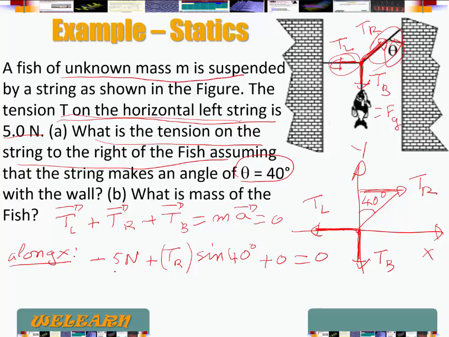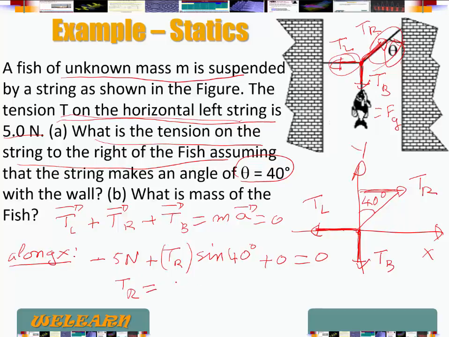You notice here in this equation we have just one unknown TR, so it is sufficient for helping us solve for our unknown TR.